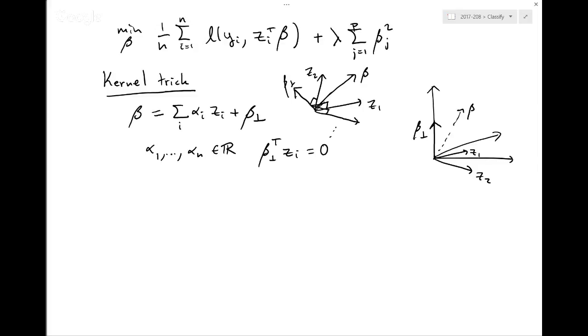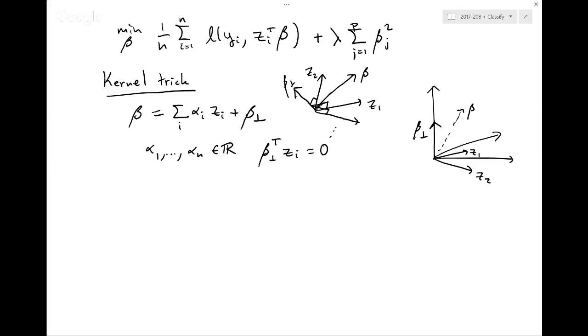My understanding was that the beta remainder would be orthogonal in the first equation to the sum of alpha i, z i. Always. Yes. And now you wrote that it's also orthogonal to each component. Oh, right.